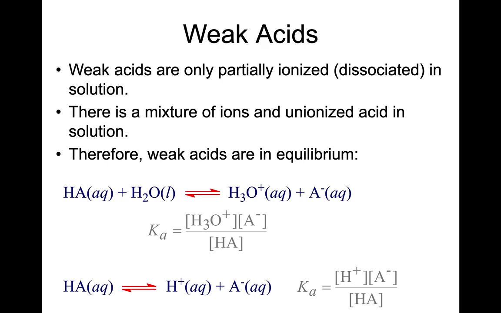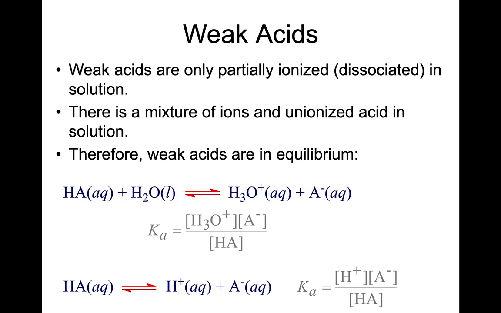They don't dissociate, they don't contribute any hydrogen ions to the solution, they stay as their compound. So in the end, we end up with a mixture of ions and unionized acid compounds in our solution. In other words, we've got an equilibrium happening.